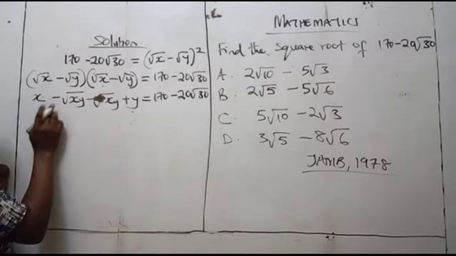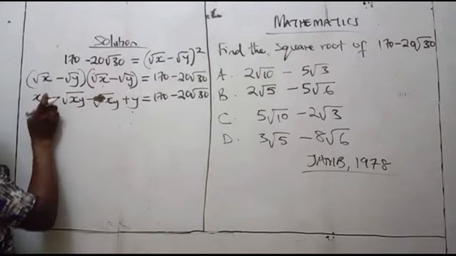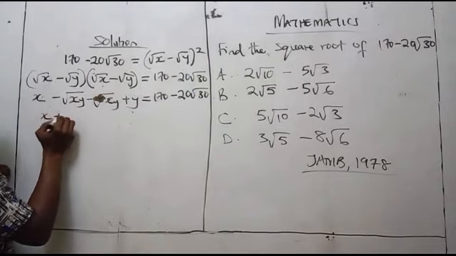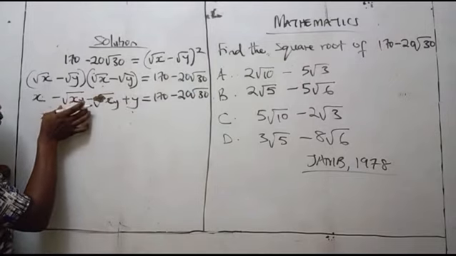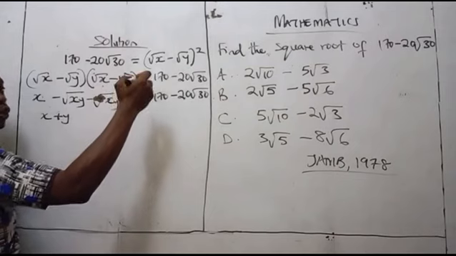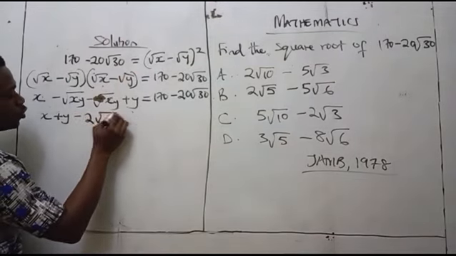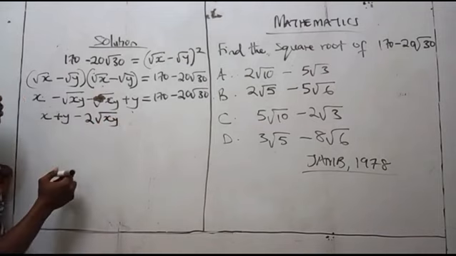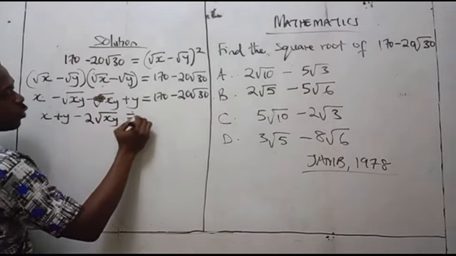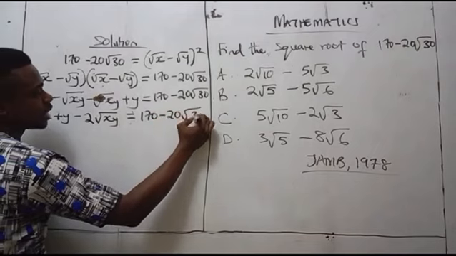This becomes x plus y minus root xy minus root xy, which gives us minus 2 root xy. So x plus y minus 2 root xy is equal to 170 minus 20 root 30.